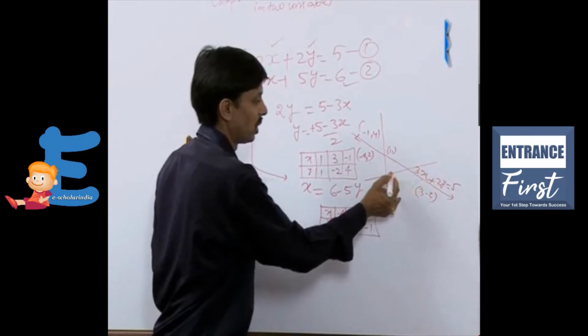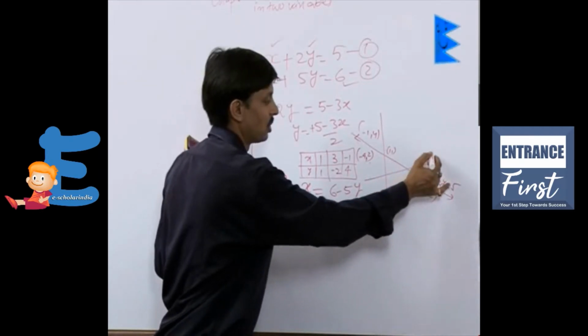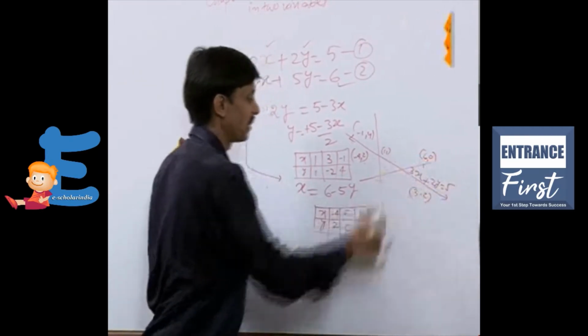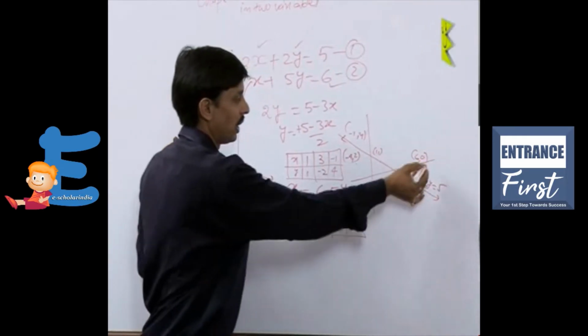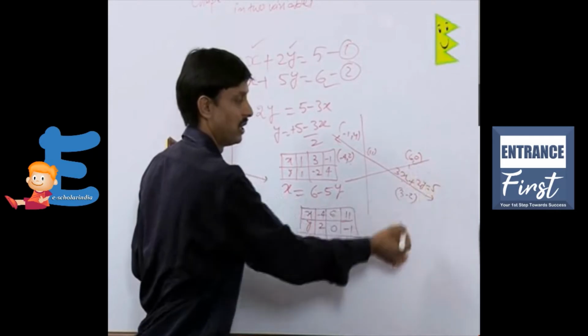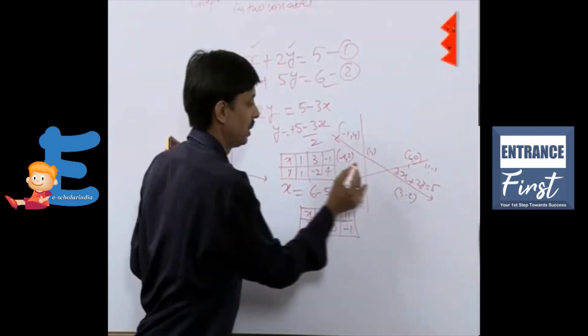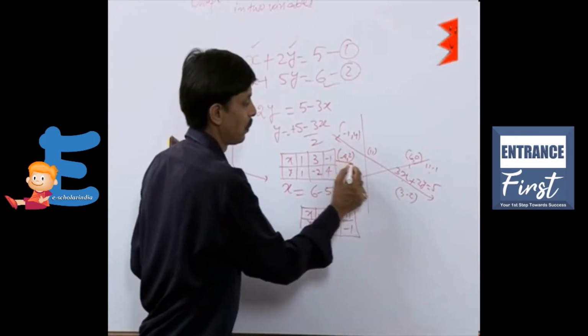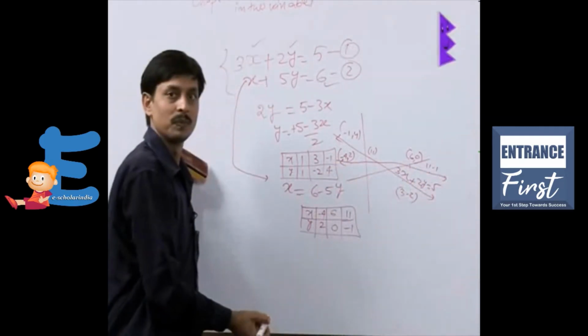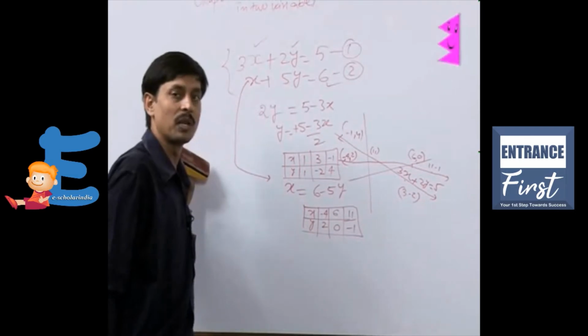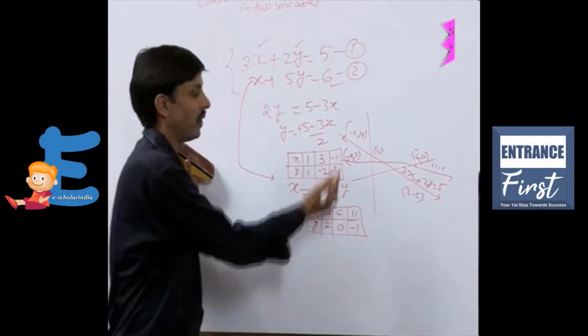This is, suppose, 1 2 3 4 5. This is 6 and y is 0, that is on the x-axis. And 11 comma minus 1. Suppose 11 comma minus 1 is coming somewhere here, and we will join these points again by a straight line. It is a little bit curved, but whenever you plot with the help of a scale on the graph sheet, you will find a straight line.